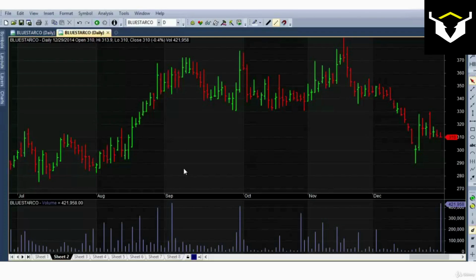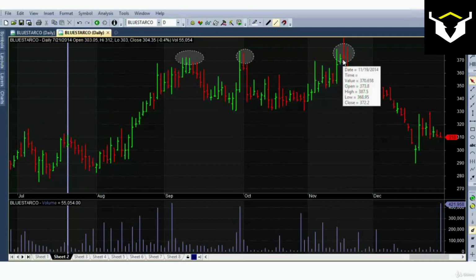Following is a chart of Blue Star Corporation, and you can see here prices have found resistance at the level of 370. There is no head and shoulder pattern as each high was successively higher than its previous high. Nonetheless, prices could not sustain the level of 370.